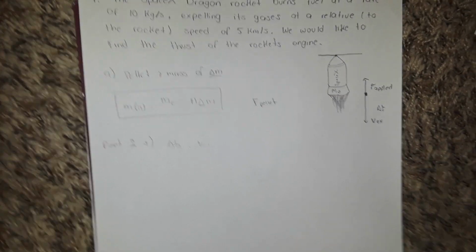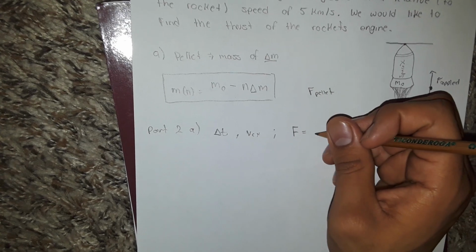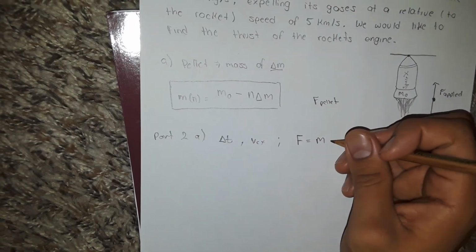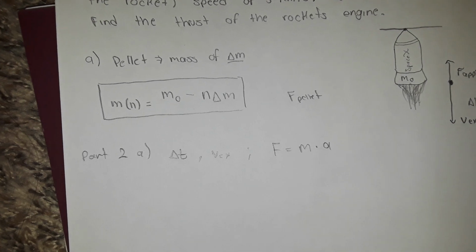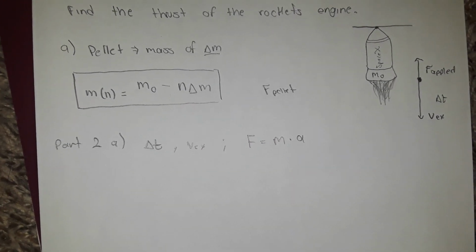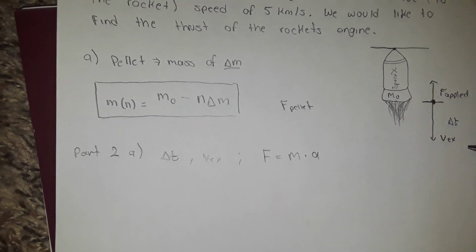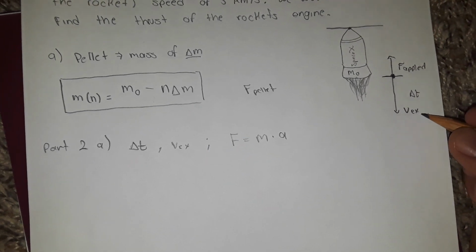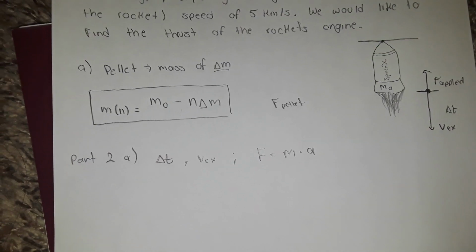Okay, so in this case, we know that from Newton's second law of motion the force on any object is going to be the mass of that object times its acceleration. And here, we don't really have an acceleration, but we have a change in velocity. It's gonna end at a certain speed in that amount of time.